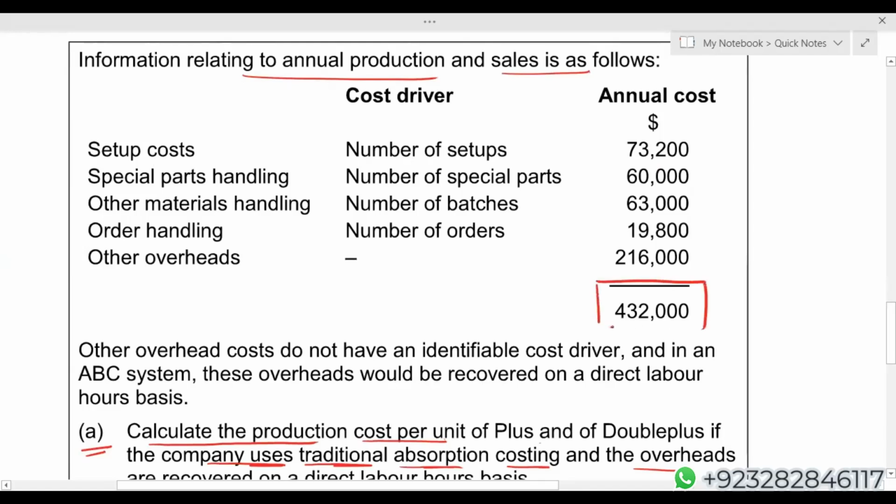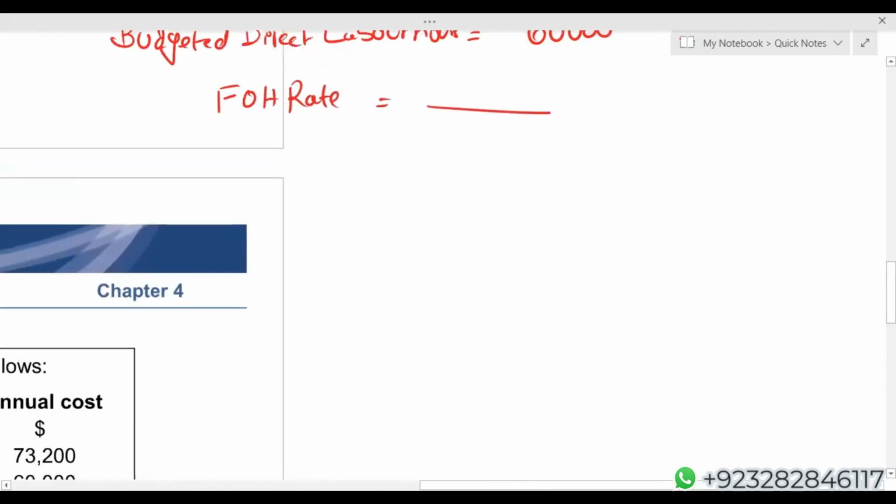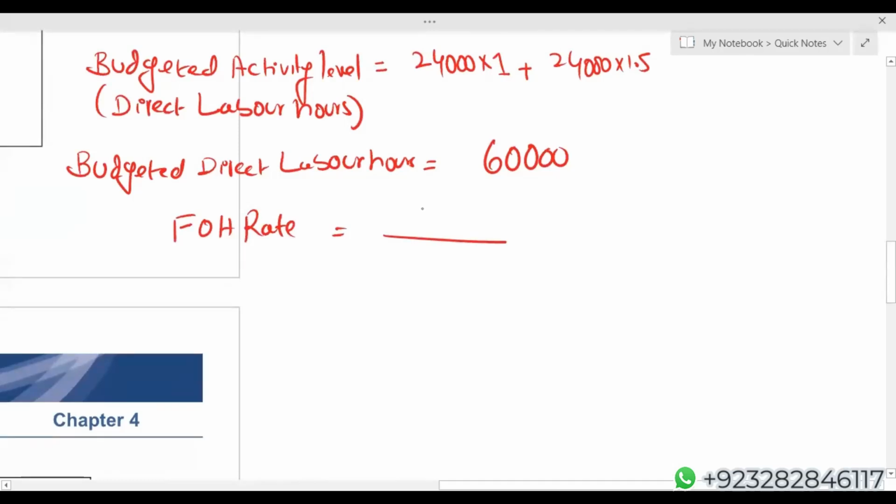We have total budgeted overheads of 4,32,000, divided by the budgeted activity level, which is 60,000 direct labor hours. That will give us the FOH rate per direct labor hour. So 4,32,000 divided by 60,000, I'm getting 7.2 per direct labor hour.